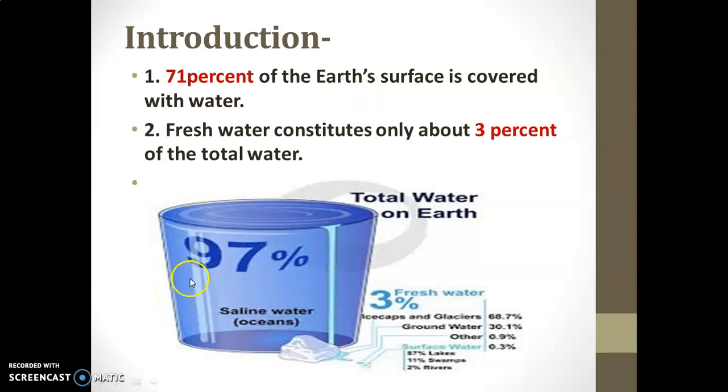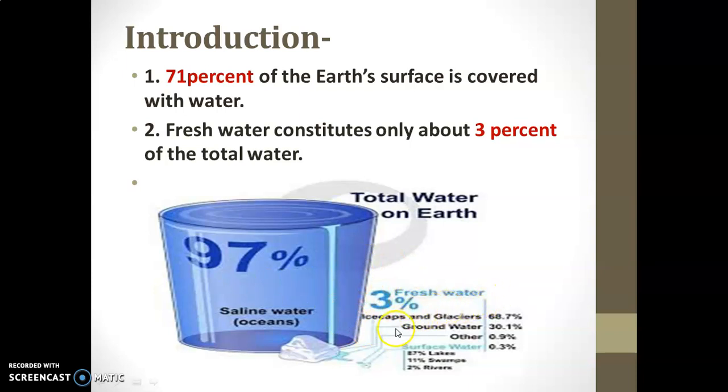And if you see this image, you will observe that 97% of the total water, as we have only 71% water, 97% of that total water is salty in nature and the remaining 3% water is fresh water.